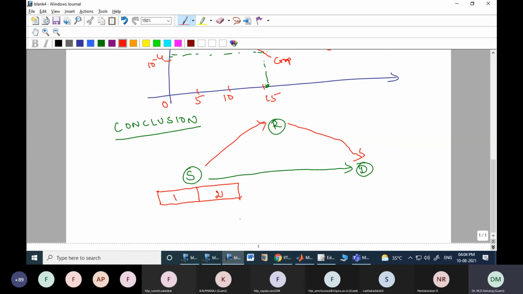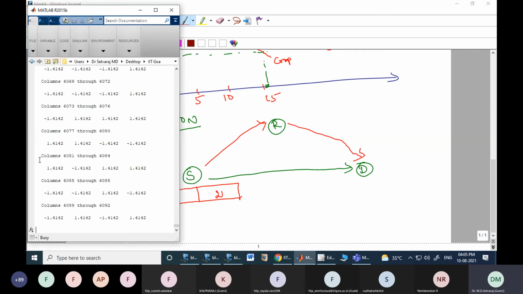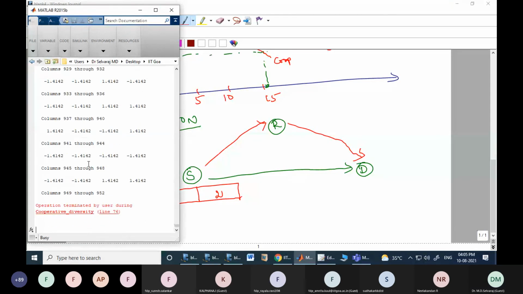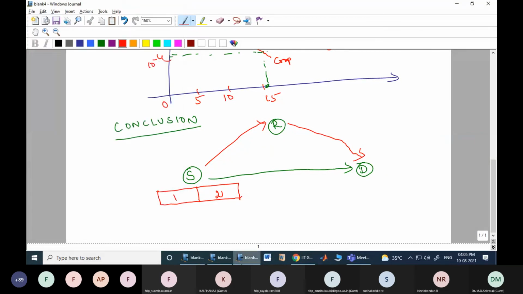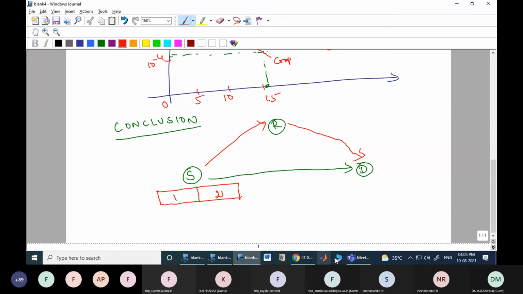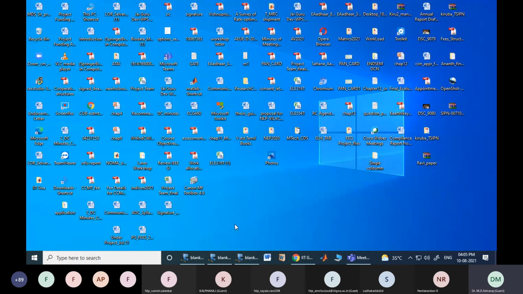Let us go back and see the MATLAB coding. I think there is some problem. Let us close this MATLAB and again try to open. Let me open this again.